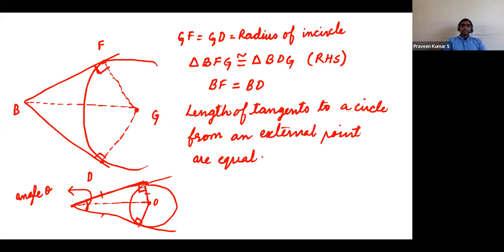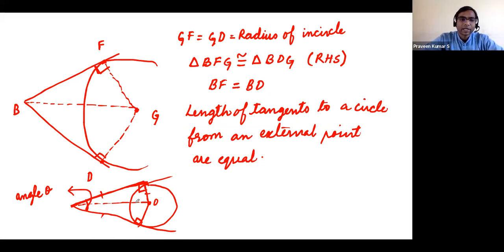So this angle will always be 90 degrees. There are multiple cases like this which you have to keep track of, and there can be some interesting questions asked around tangents or around chords also, right?